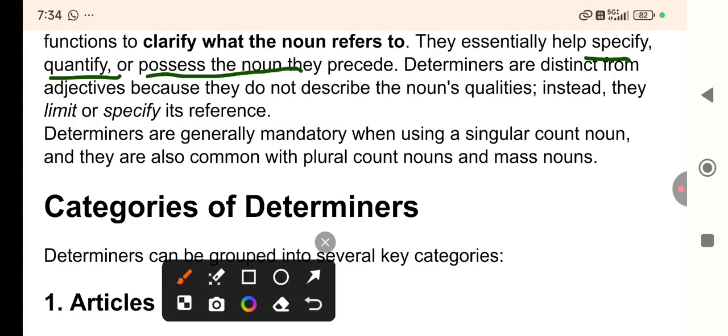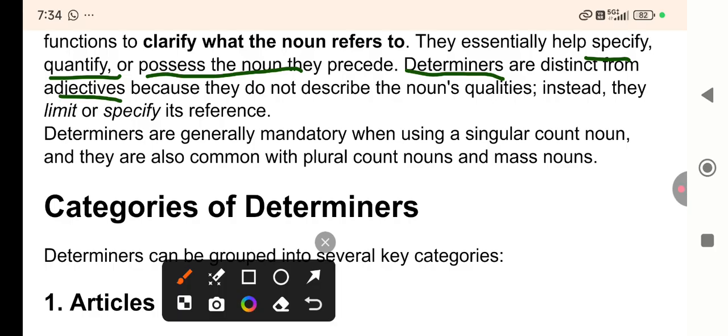Determiners are distinct from adjectives. So don't get confused between determiners and adjectives, because adjectives qualify the noun. Adjectives tell the quality of a noun, but determiners are used to specify, quantify, or possess the noun.